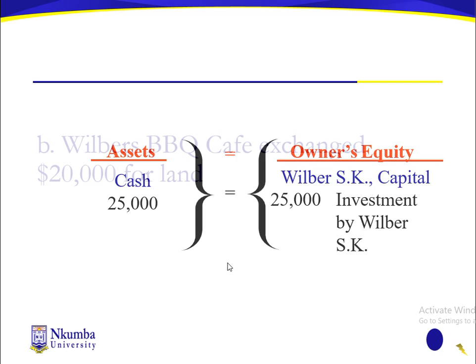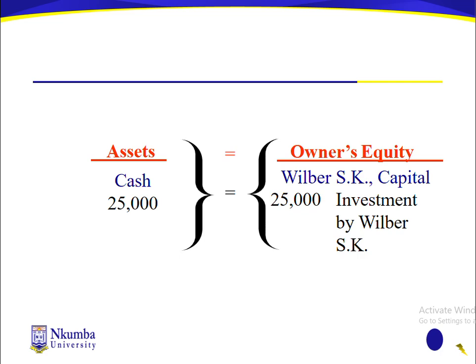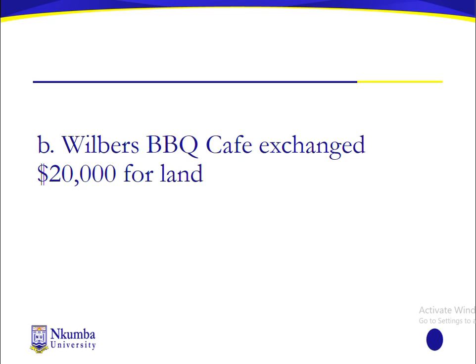Now let us also look at another case where Wilber's Barbecue Cafe exchanged 20,000 US dollars for land. So now Wilber's Barbecue Cafe, that has in the previous transaction received the $25,000, is now going to buy land.